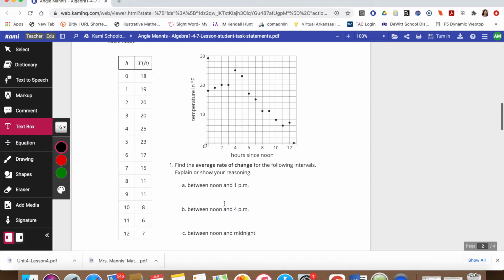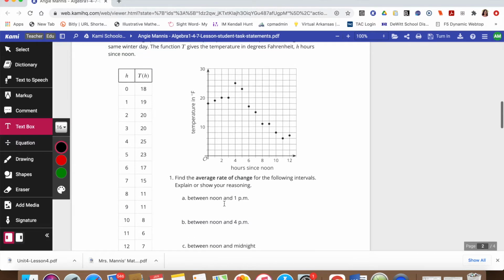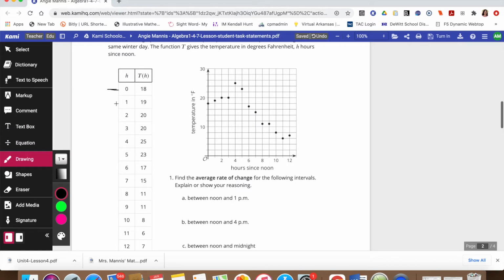So we've got to look between noon and 1 p.m. So at noon, the temperature is 18 degrees. At 1, the temperature is 19 degrees. So it increased by 1 degree over that 1 hour.